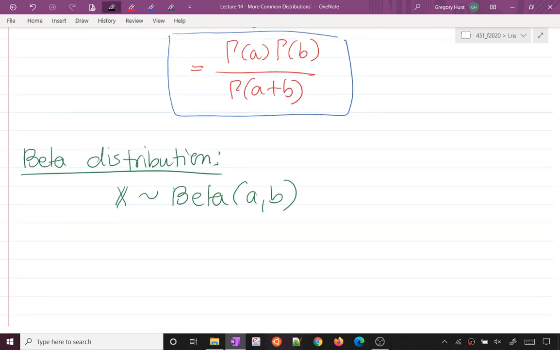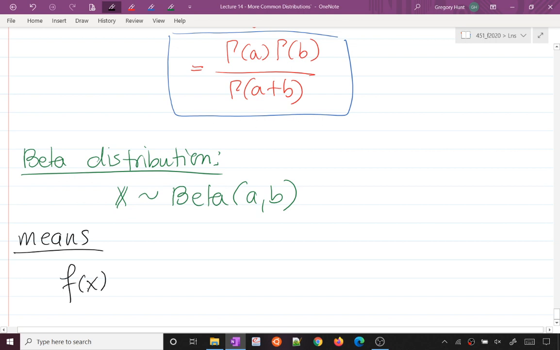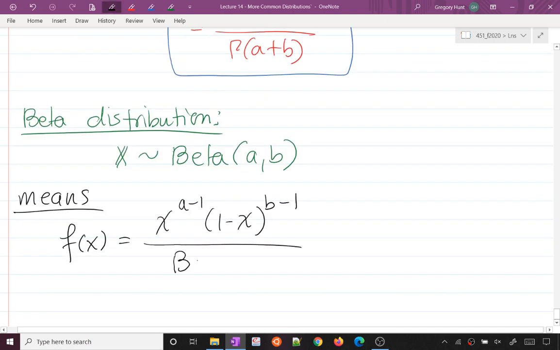If X is distributed with a beta distribution with parameters a and b, this means that the PDF takes the following form: x to the a minus 1, 1 minus x to the b minus 1, over beta of a, b. And this is a random variable over the unit interval, for x between 0 and 1.